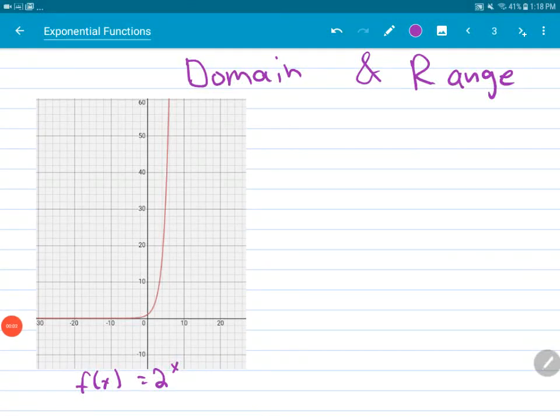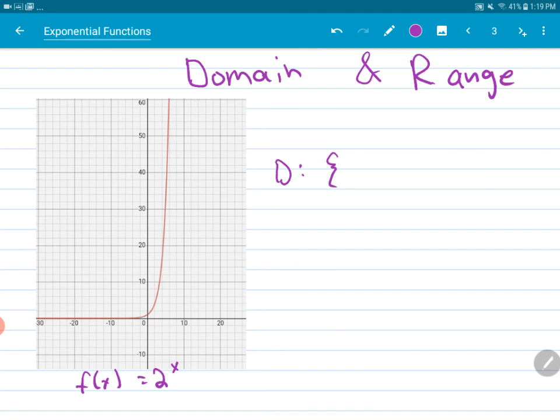So the last thing I want to talk about in this little intro to exponential functions is domain and range. We'll start with a nice simple one where we have f of x equals 2 to the power of x. We really have to bring that back from our first unit. When we're thinking about our domain, we want to look at all the x values going from left to right. What values are allowed? Is there anything that's not allowed?